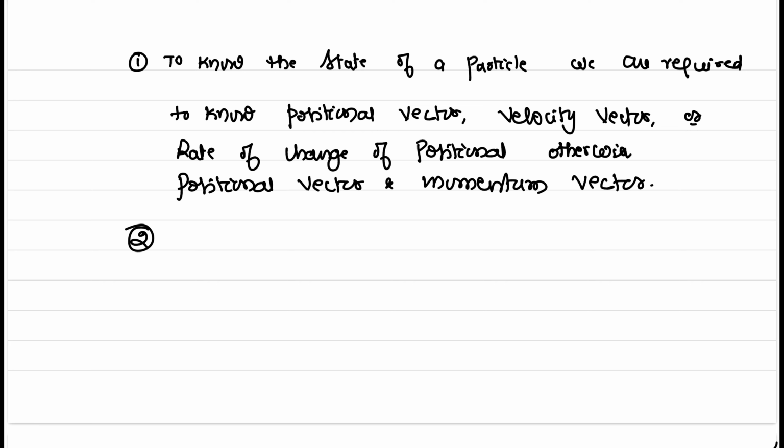Once we know them, we can know the delta S. From there, delta S by delta T we will know. From there, we can know dP by dt or we can know dV by dt.